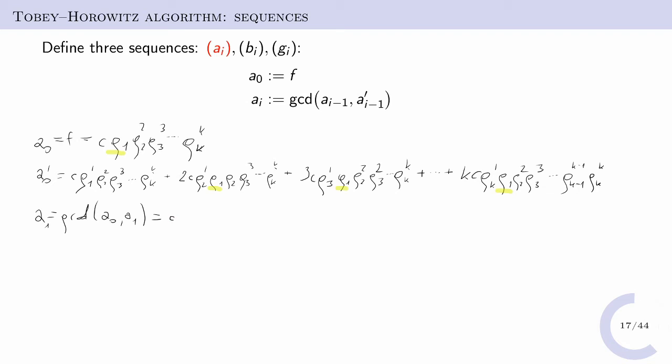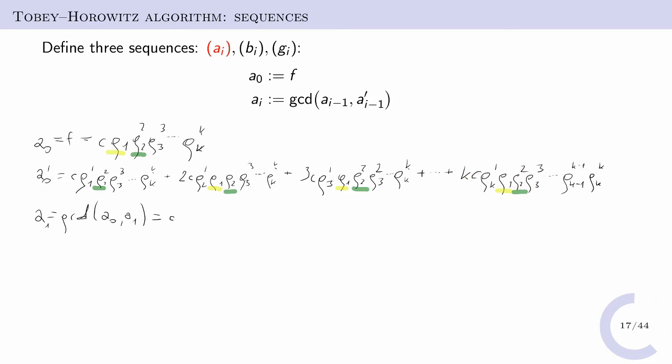Okay, let's look at g2. We have g2 square here, we have g2 square here, we have g2 square here, we have g2 square here, but here we have only g2 to the first power. And again, all these products are divisible by g2 square, but this product is divisible only by g2, not g2 square, just g2.